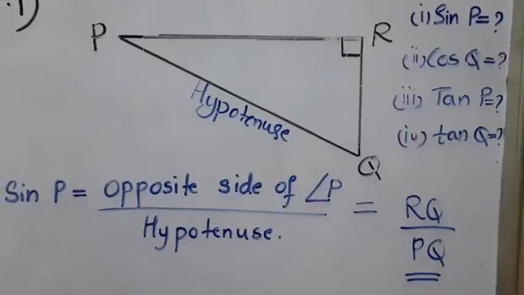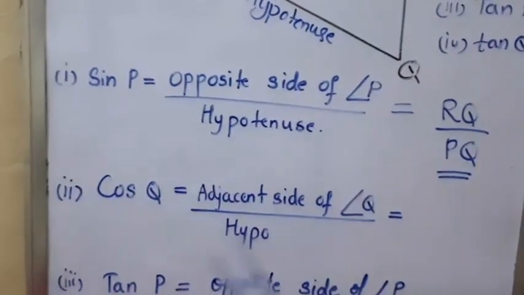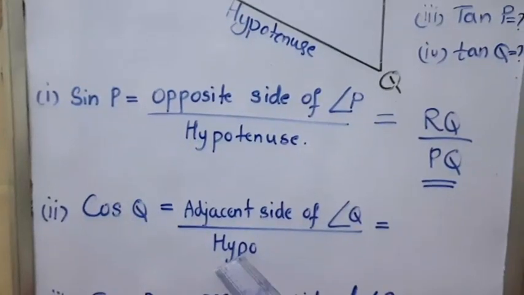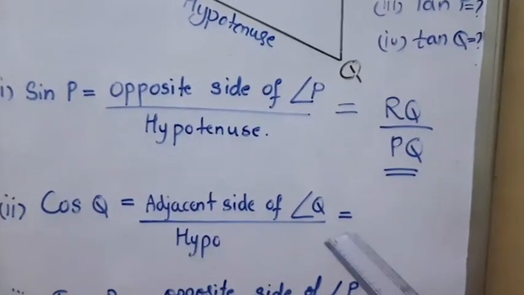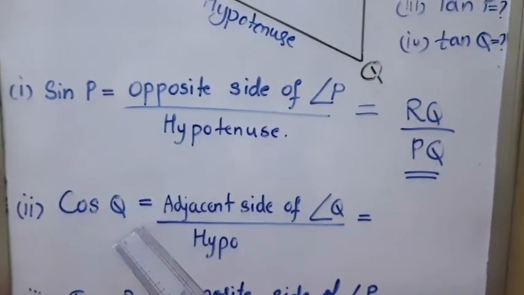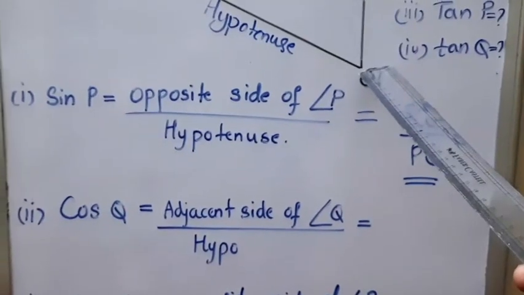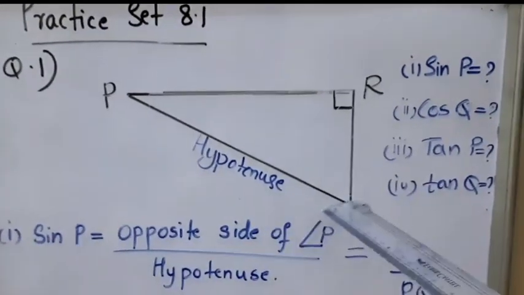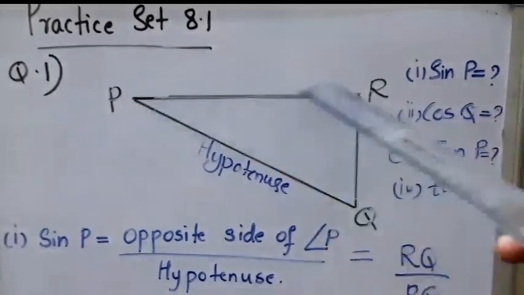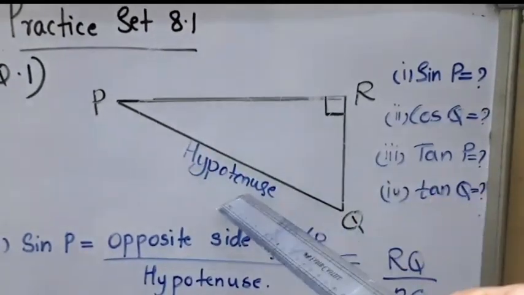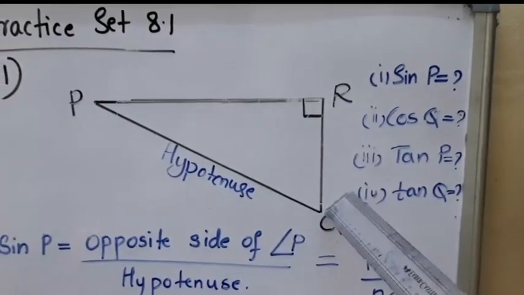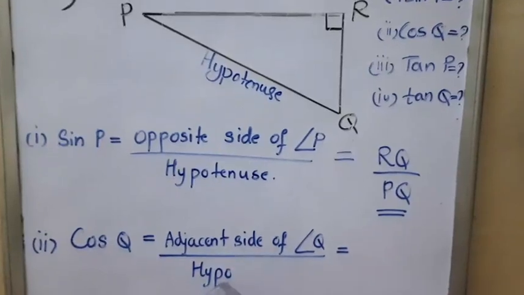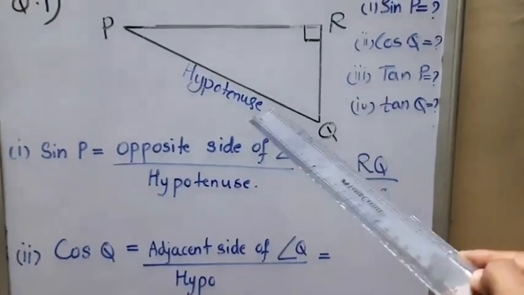Next, let's find cos Q. You have cos Q is equal to the formula adjacent side of angle Q upon hypotenuse, since it is Q, here also we have to write angle Q. Now we have to see the adjacent side of angle Q. If this is your angle Q, this is the hypotenuse, then this is the opposite side of angle Q. Then the side which is left is the adjacent side of angle Q. Therefore, RQ, hypotenuse is the same for all the ratios, PQ.